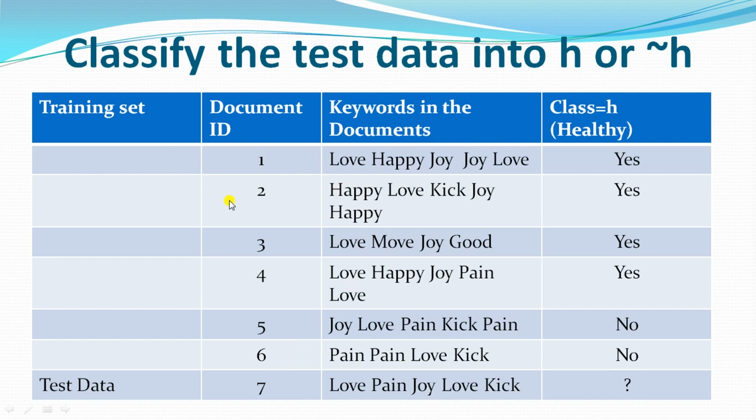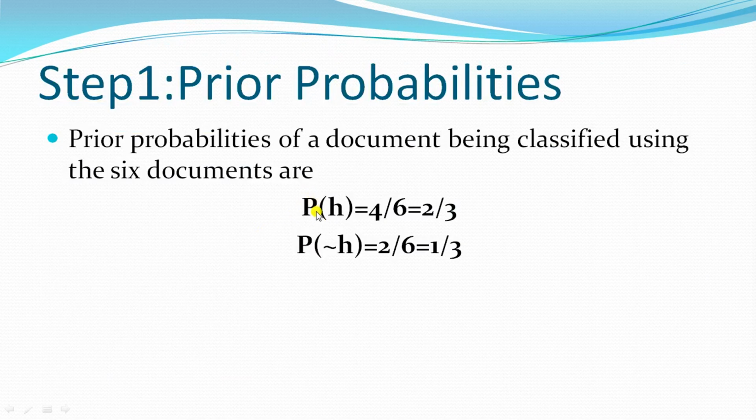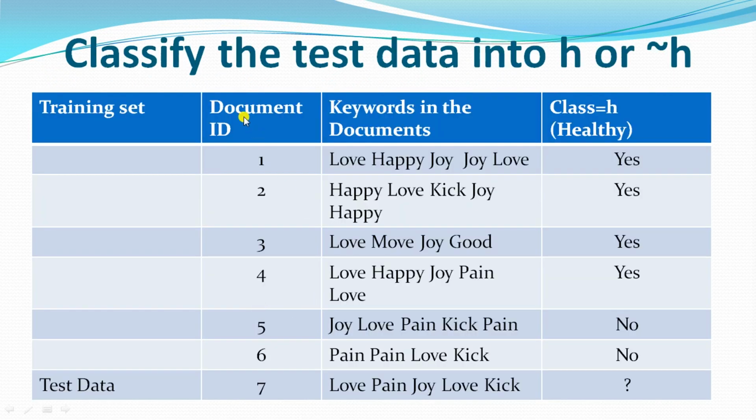We should consider all the documents and end up with a probability for both H and negation of H, or in other words, the yes documents and the no documents. Documents 1, 2, 3 and 4 will be in class yes, so that is one category.